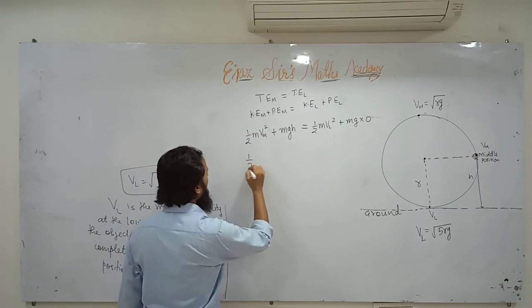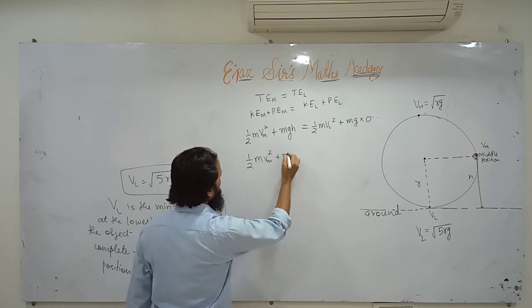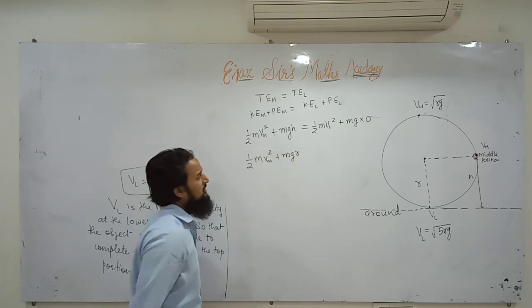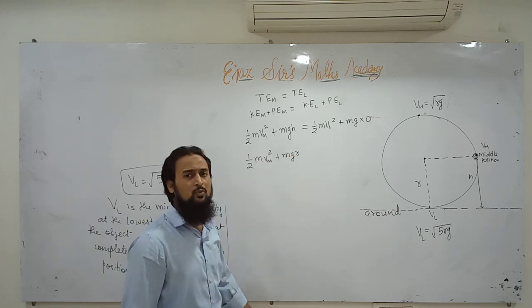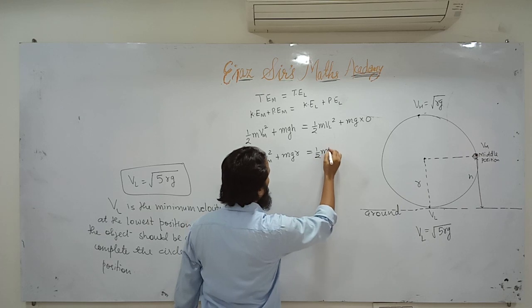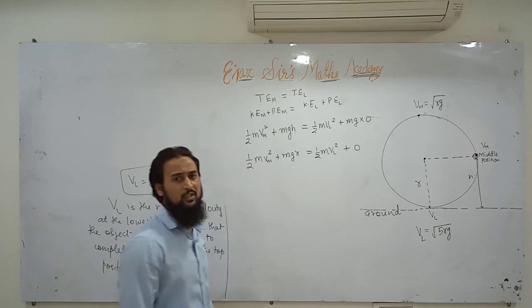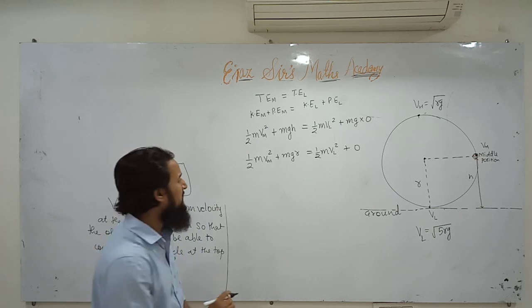So it becomes half m Vm square plus mgr. At the middle position, height is equal to radius of the circle, is equal to half m VL square plus 0. At the lowest point, potential energy will be 0.